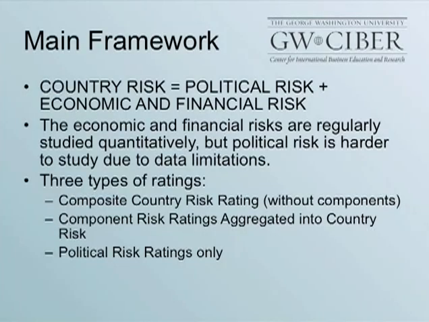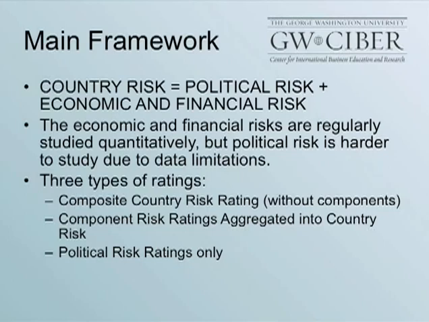And so the main outline for my talk is to consider these three types of ratings. First, a composite country risk rating, essentially the country risk, right? Political risk and all of the financial and economic risks, but without a disaggregation into components.